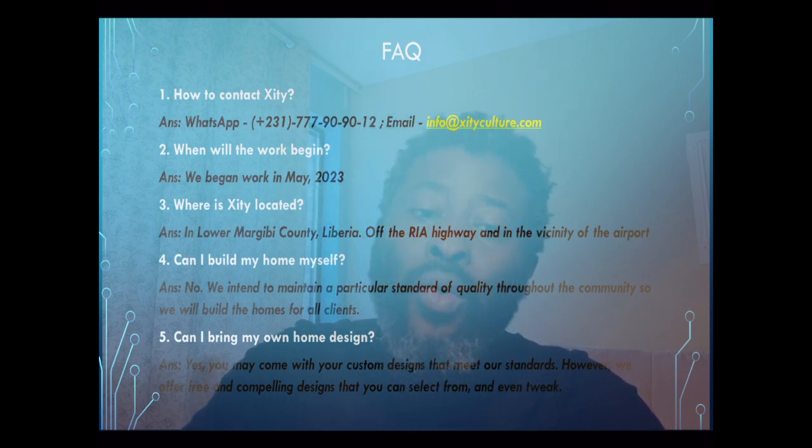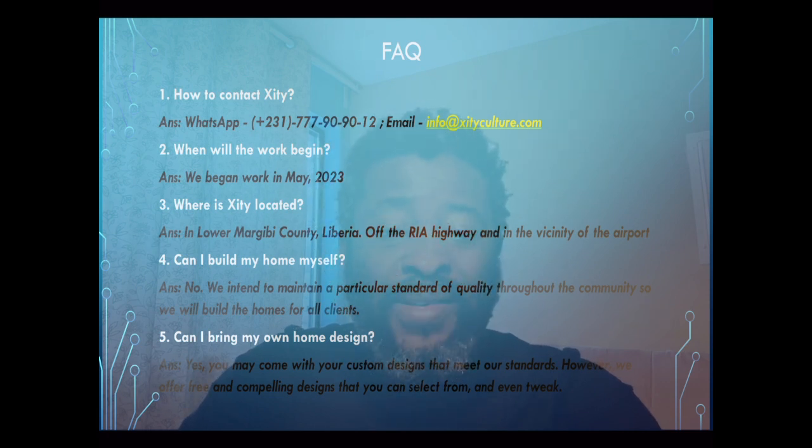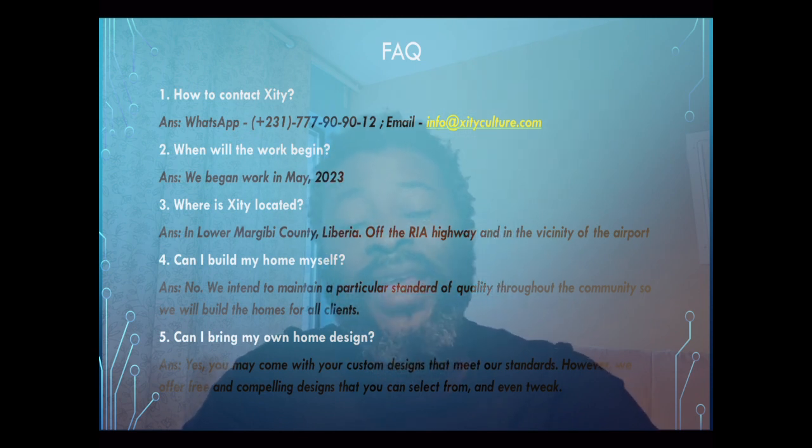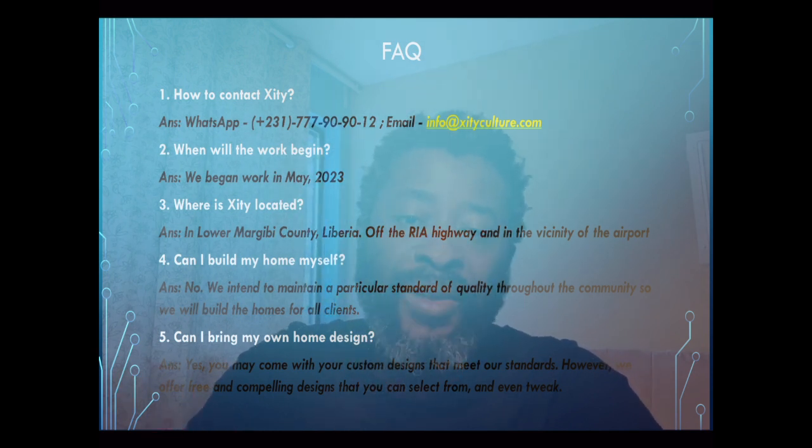Can I bring my own home design? Yes, you may come with your own custom designs that meet our standards. That means we are going to evaluate your design and tell you where it meets or does not meet our standards. However, we offer free and compelling designs that you can select from, and we even allow you to make small tweaks to these designs that we offer already for free.